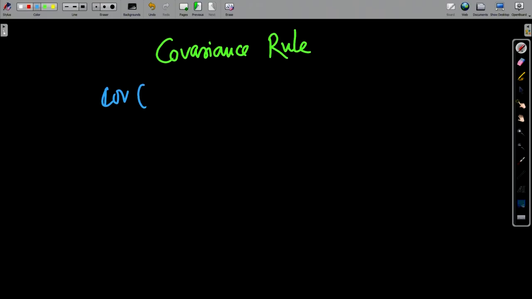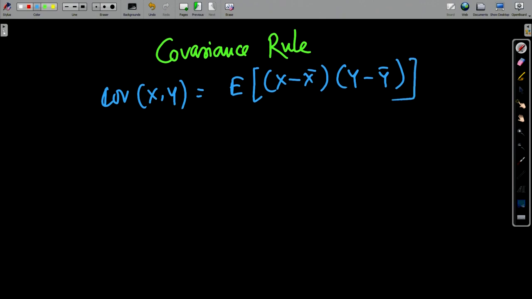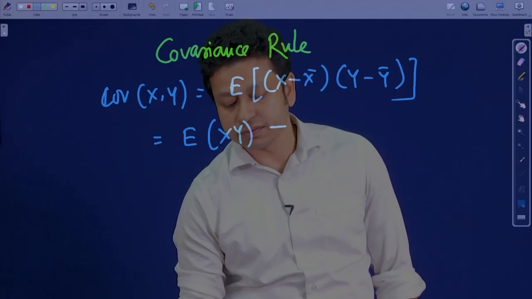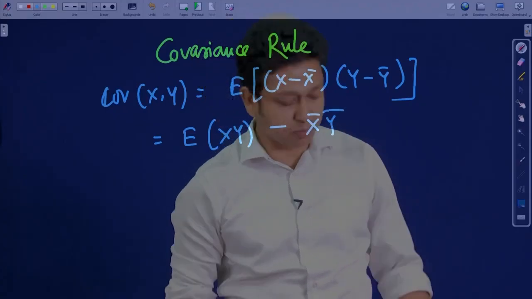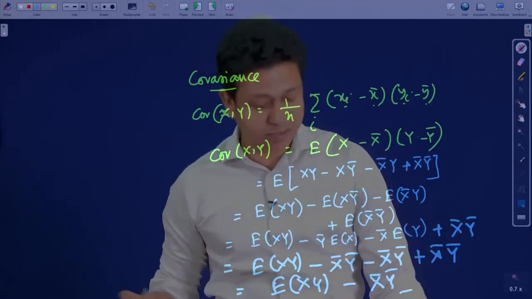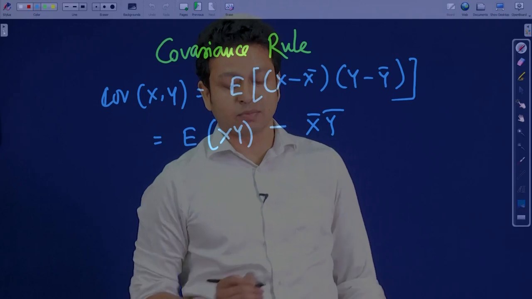Covariance of x y is equal to expectation of (x minus x bar)(y minus y bar). Now, in the same vein we expand this and we get expectation of x y minus x bar y bar. That is the formula we derived previously, without assuming anything.